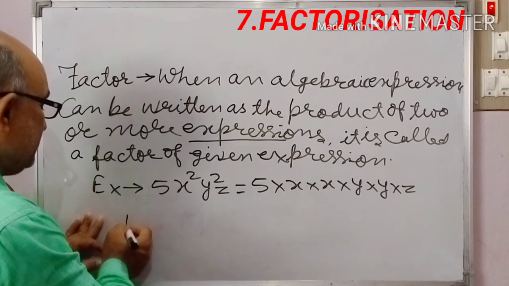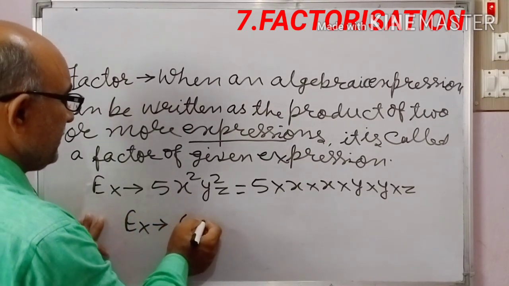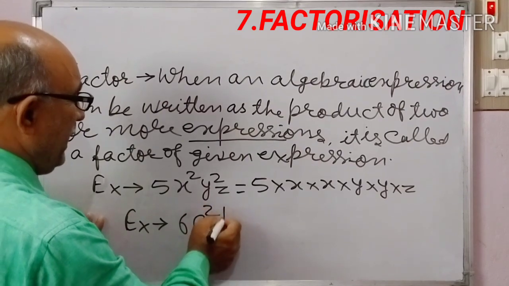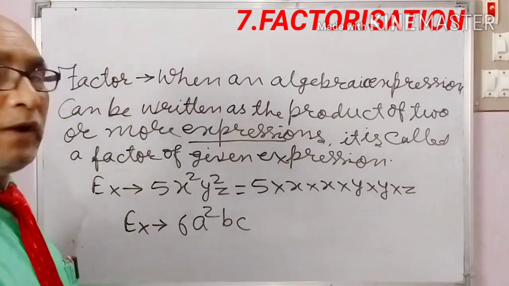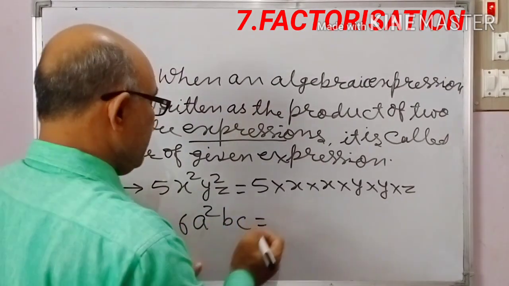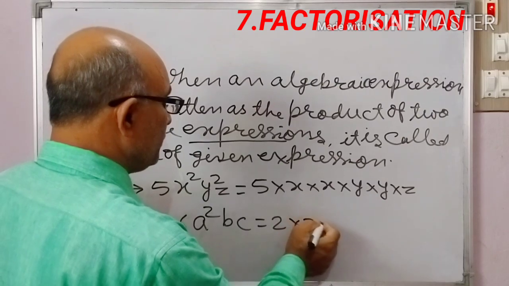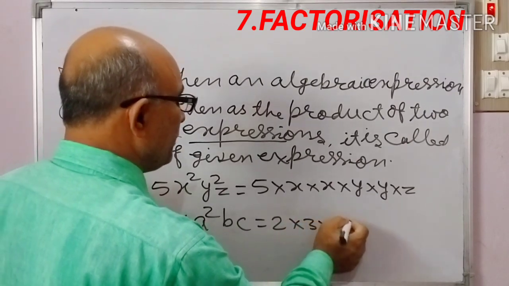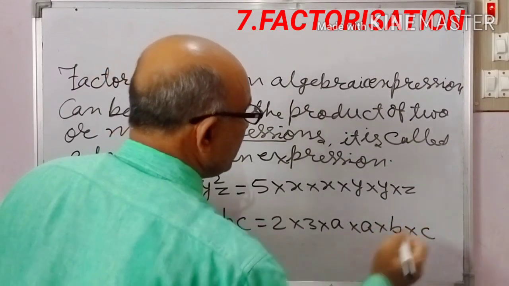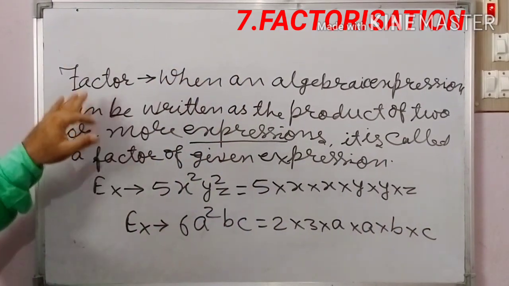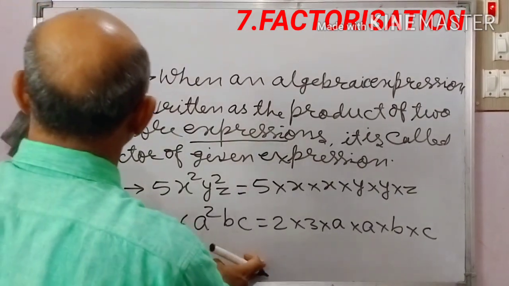Next example is 6a square bc, which is expressed as the product of 2 into 3 into a into a into b into c. These are the factors.